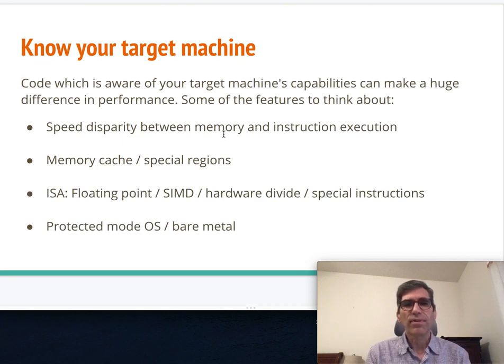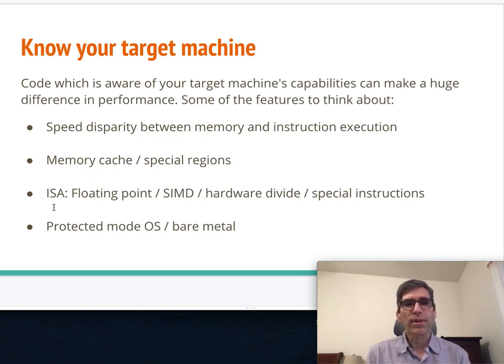The CPU executes instructions much faster than the memory can read and write data, and so you have a bottleneck if you're processing a lot of data. And so there are different mechanisms to try to improve that situation, such as a cache and special regions of memory that are faster. So that's one of the things to consider in how you accomplish your task with the PC: is the memory slowing you down?